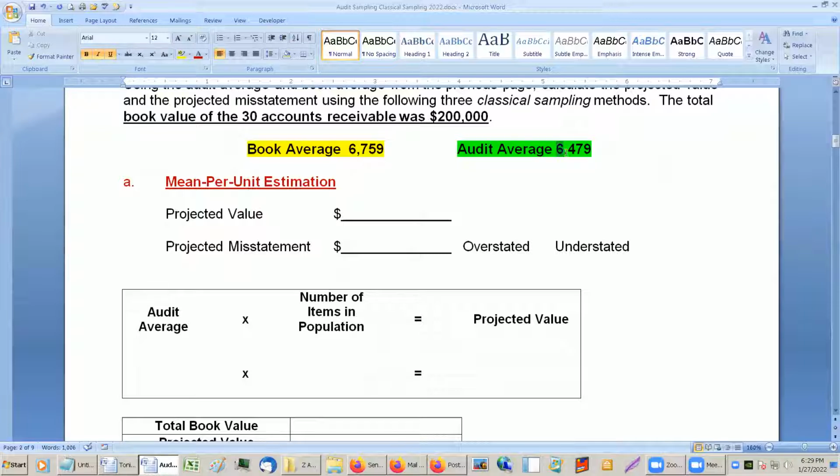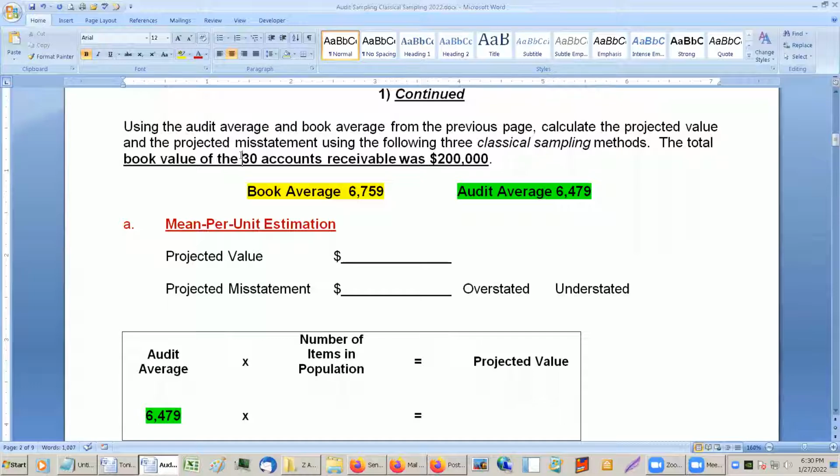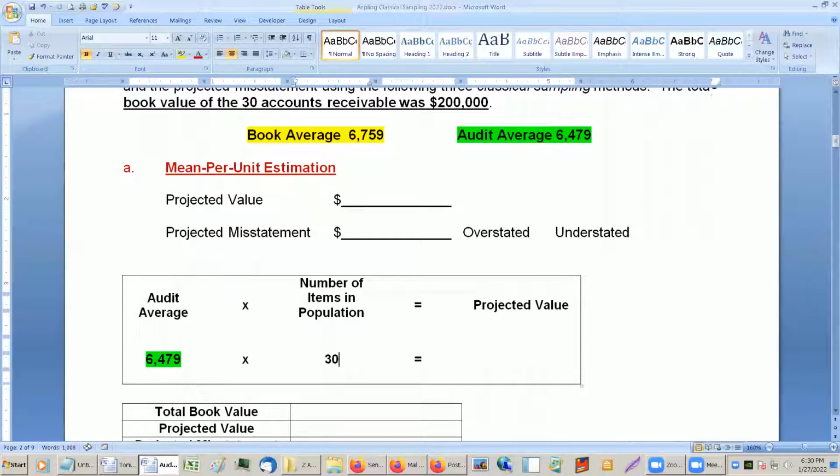We get our audit average, and we say everything in all of these 30 accounts should be at our audit average. We came up with an average of 6,479. All 30 accounts should be 6,479. So we're going to multiply it by 30, and this will give us our projected value.